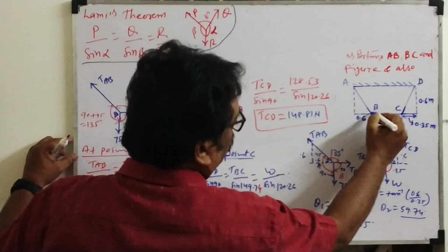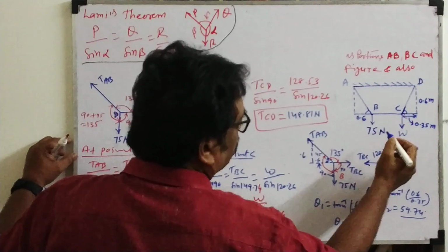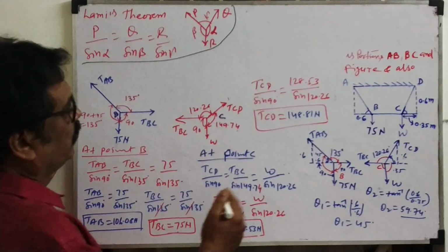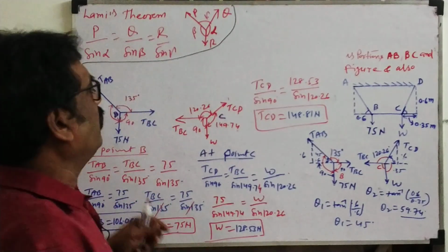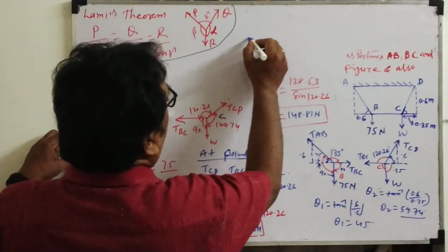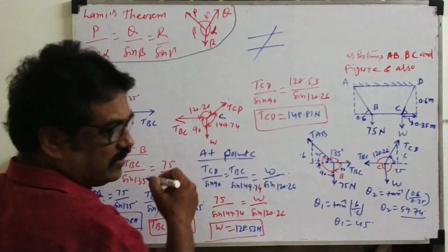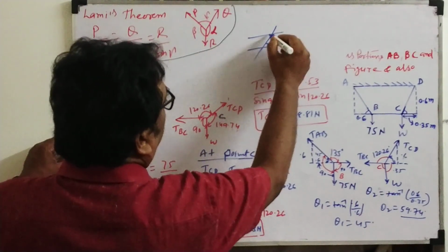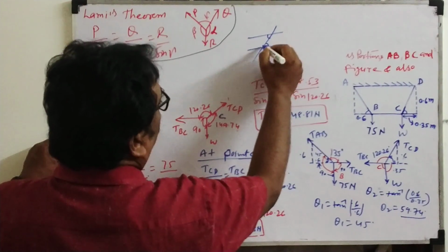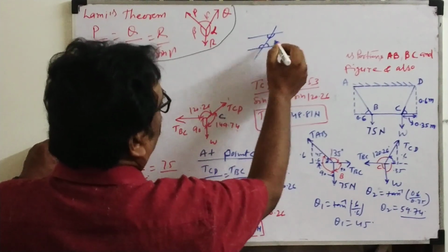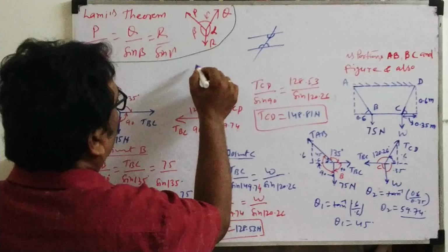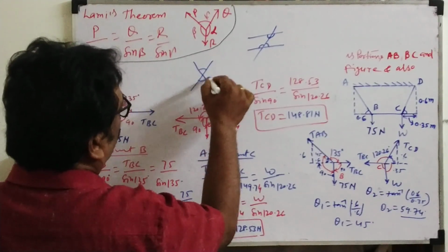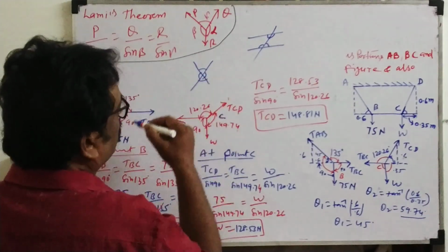So what do you observe here? At this junction point you find this angle, and this one you find this angle. Other angles we almost know. For this, what general geometry do you have to remember? Suppose two parallel lines are cut by an inclined line. Alternate angles are always equal. This angle equals this angle.